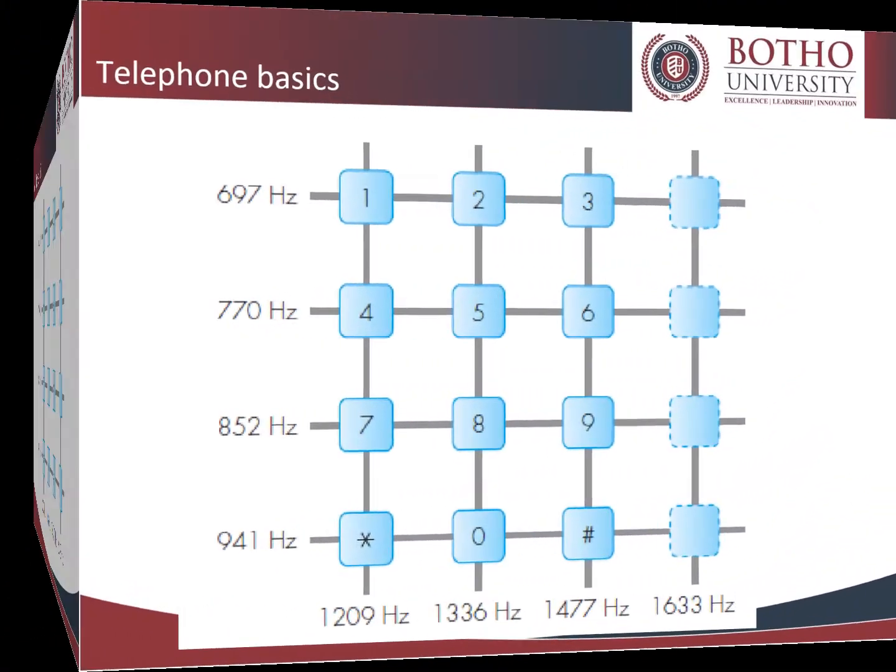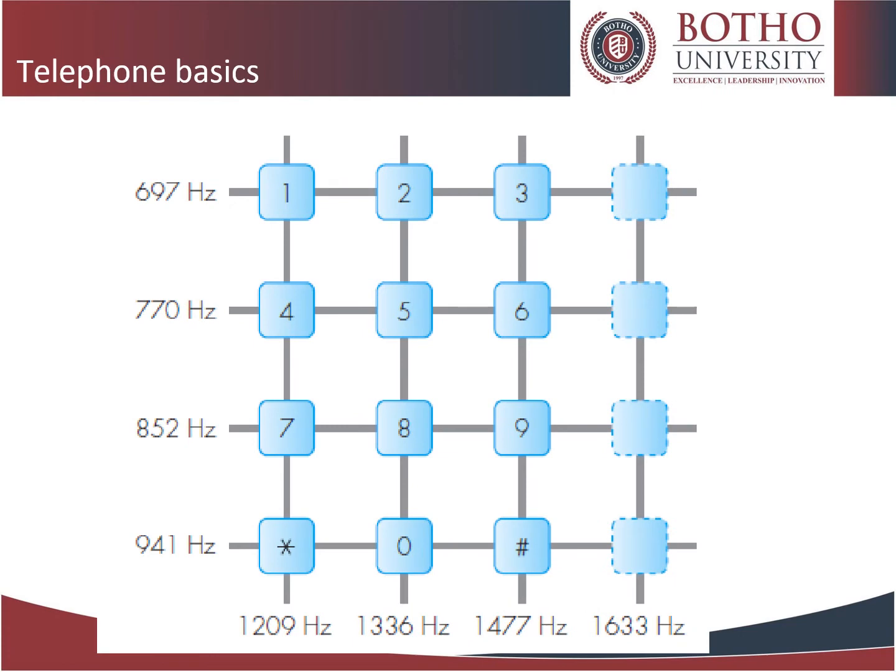Pressing the digit 5 causes two tones to be applied, one of frequency 770 Hz and the other of 1336 Hz. At the exchange end, a bank of filters, each of which detects just one of the tones, is used to determine the string of dialed digits that have been entered by the subscriber.